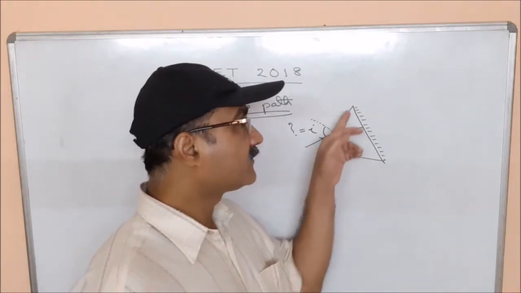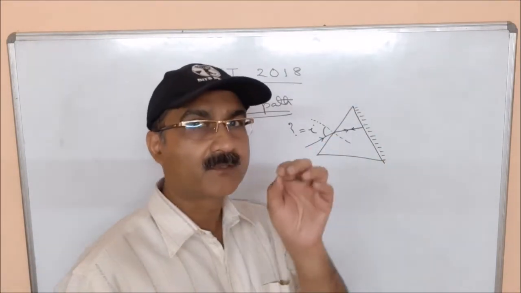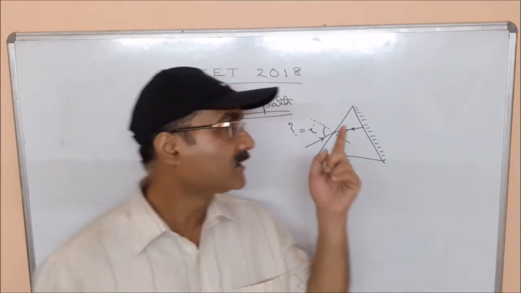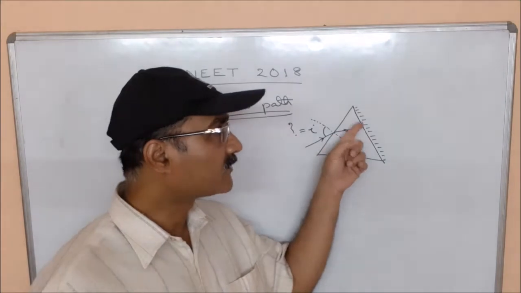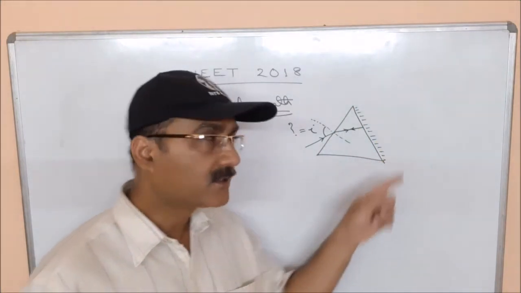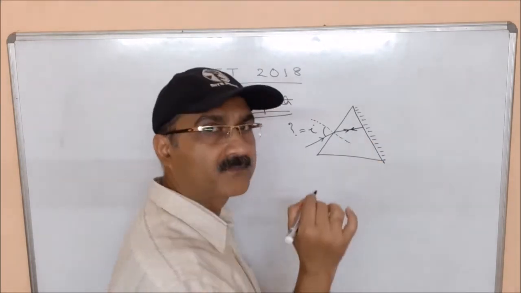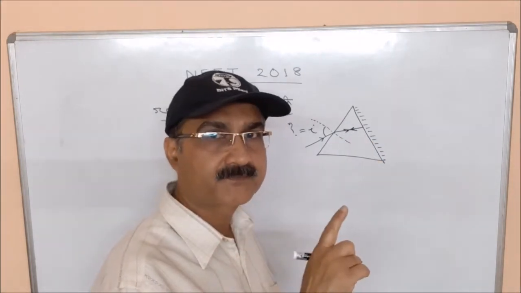that means the ray falls on this mirror perpendicularly. Immediately it should strike your mind that this ray will fall on this mirror perpendicularly, because only then it will come back the way it had come. It will retrace its path.